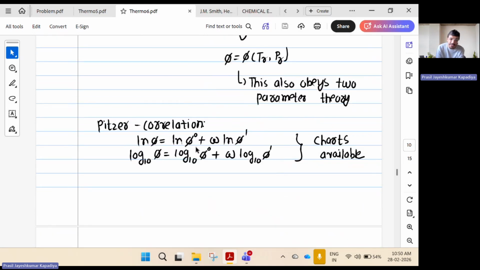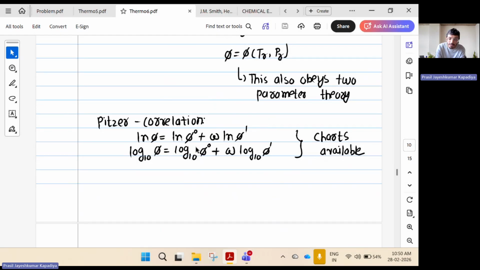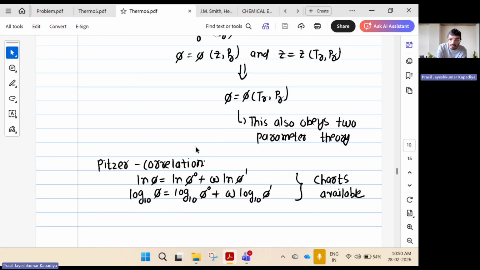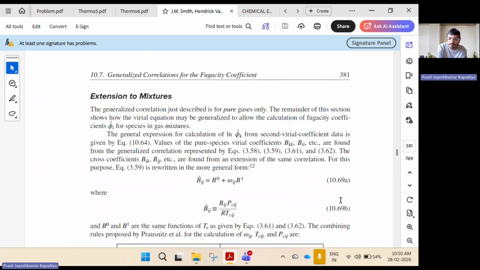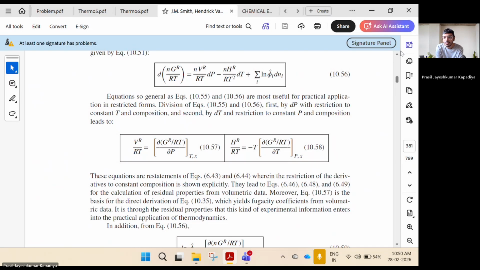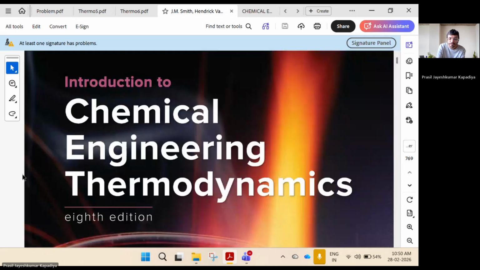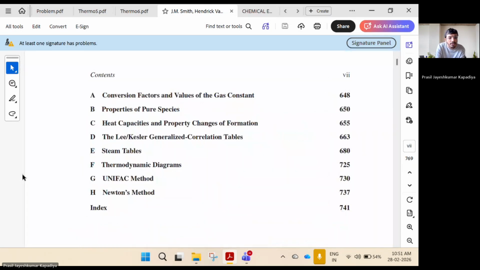Similar thing we can do with the Pitzer correlation, where we write that ln phi is equal to ln phi 0 plus omega into ln phi 1, or we can just write phi is equal to phi 0 into phi 1 raised to omega. If charts are available, let's look at this book.